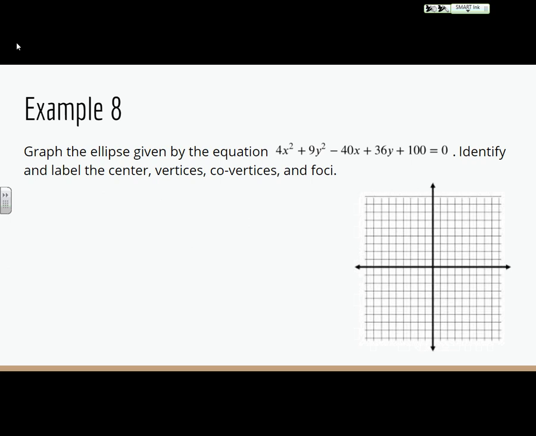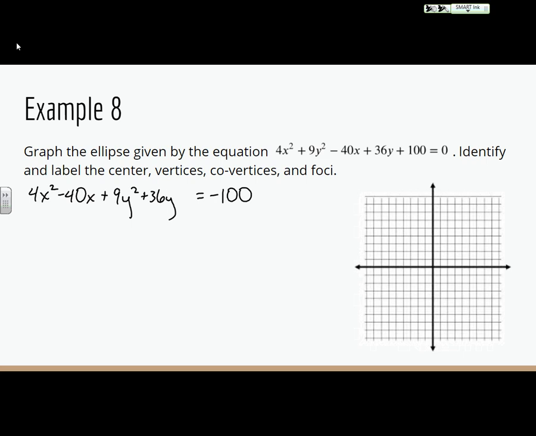First order of business, I'm going to get all of my x's together, and I'm going to get all of my y's together. And if it does not have an x or a y, I'm going to boot it off to the other side. So I've subtracted 100 from both sides just in rearranging.